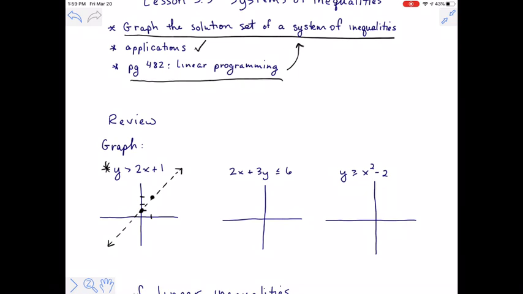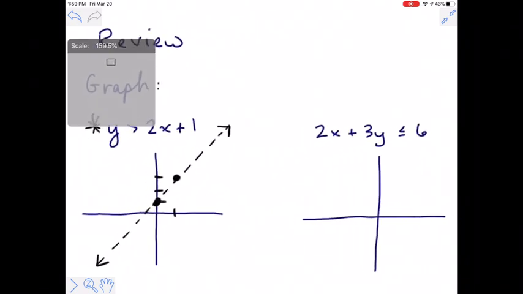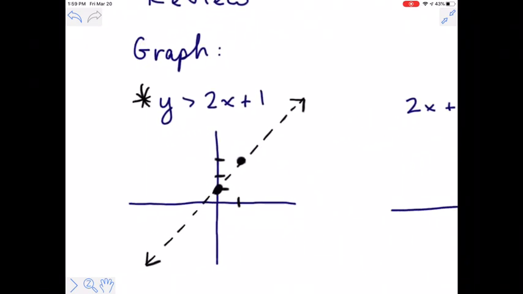And then a big part of this graph is going to be the shading. The shading represents all of the points on the graph that would satisfy this inequality. Safest way to do this, whether it's linear or nonlinear, is to use a test point. So, for example, if the graph does not pass through the origin, which this one doesn't, I'm going to use the origin as a test point, the location of the origin being 0, 0.